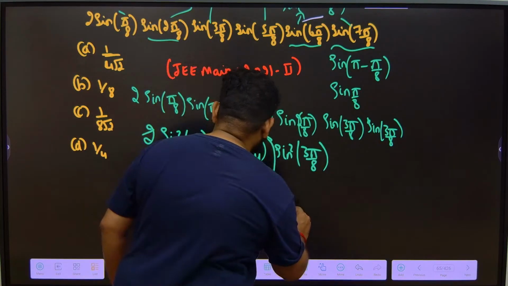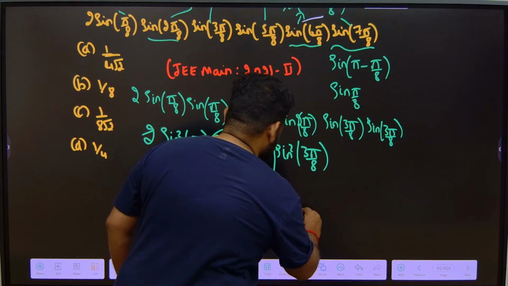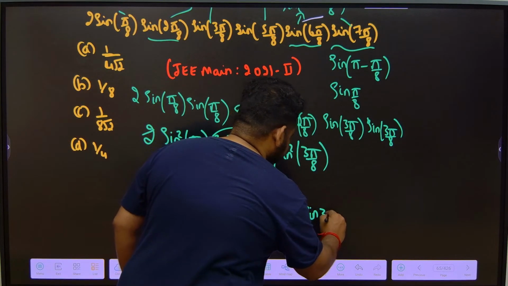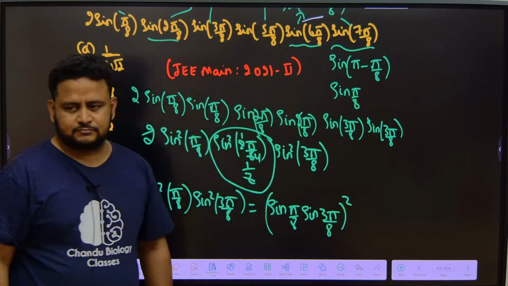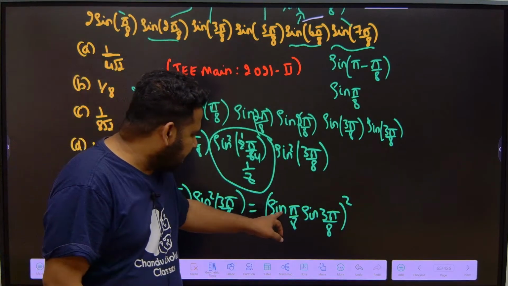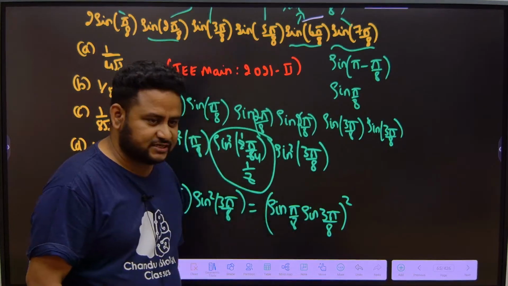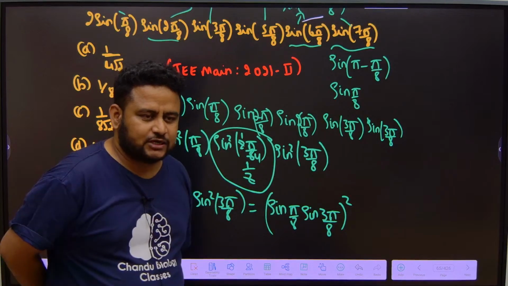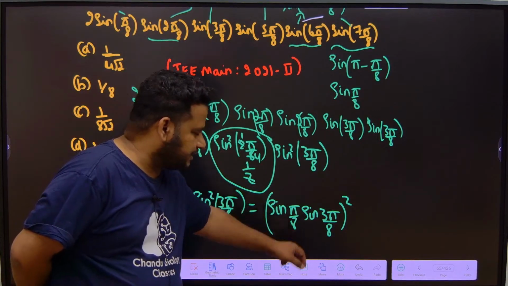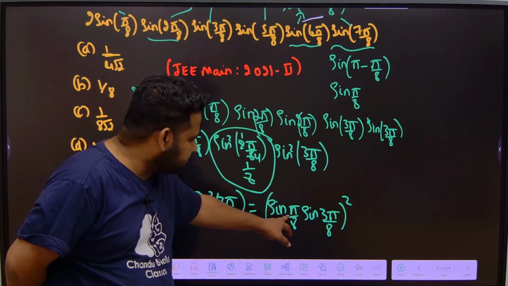Same thing. So (sin π/8 into sin 3π/8) whole square. That's it. Now I have sin π/8, sin 3π/8, but here it is π/8, here it is 3π/8. So what can I do?